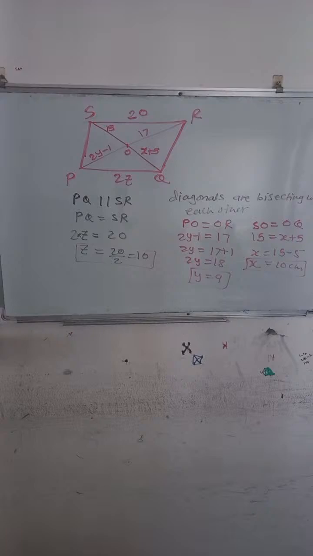Okay, let's write down the next question. KLMN is a rectangle.